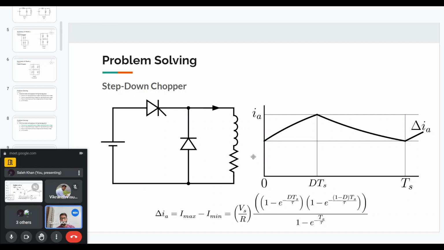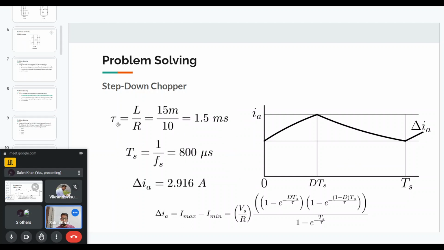Tau is basically the load inductance divided by the load resistance, the L by R ratio. And Ts is the reciprocal of the switching frequency. We are given the values of L and R, so we can find tau.